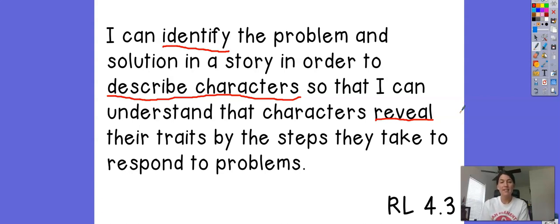We're going to look at the problem and solution in a text, and at the steps the characters took to solve that problem, because the steps characters take to respond to a challenge or a problem can reveal who they are and give us more about their inside and what kind of traits they have.